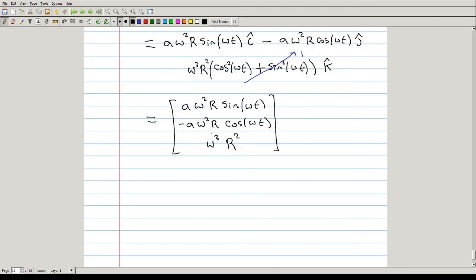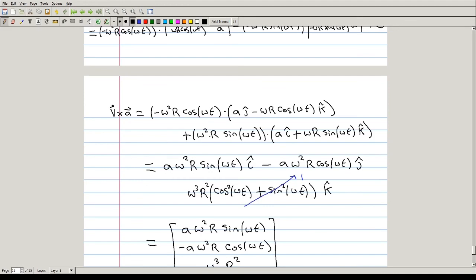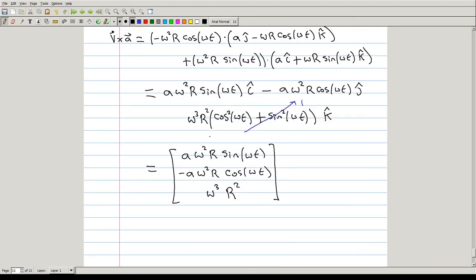And to use the curvature formula, we need the magnitude of this.